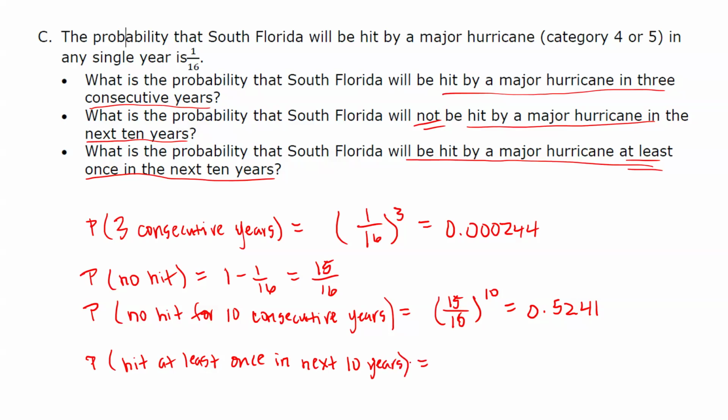It's going to be the complement of no hit for 10 consecutive years. So that would be 1 minus 15 divided by 16 to the 10th. So 1 minus 0.5241, which equals 0.4759.